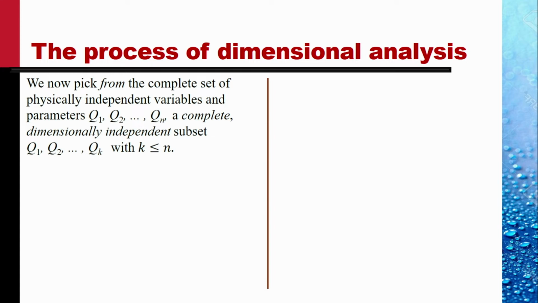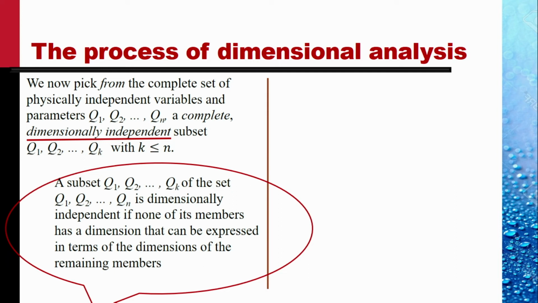Dimensionally independent, what does that mean? A subset Q1, Q2, Qk of the set Q1 to Qn is dimensionally independent if none of its members has a dimension that can be expressed in terms of the dimensions of the remaining members. We'll explain this with an example.